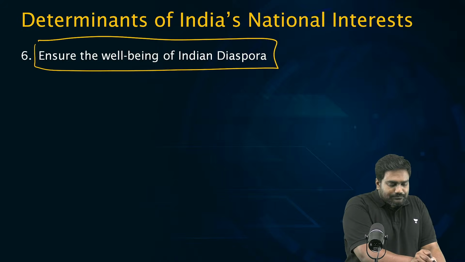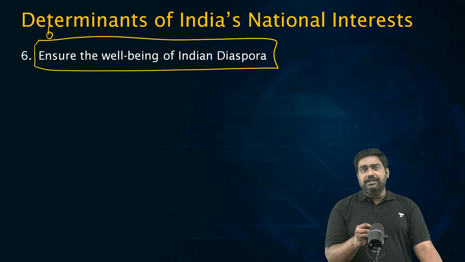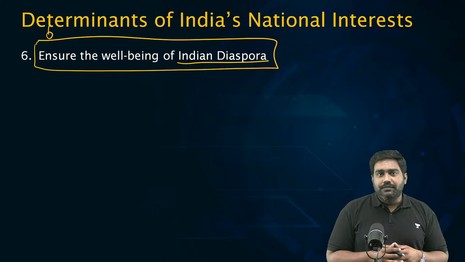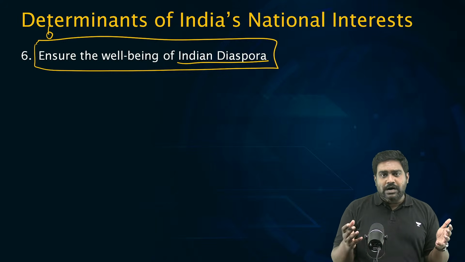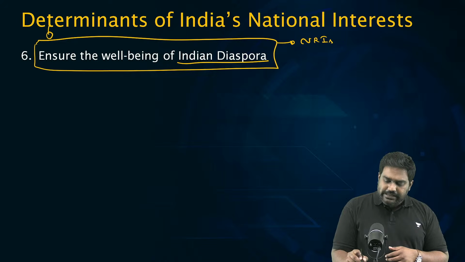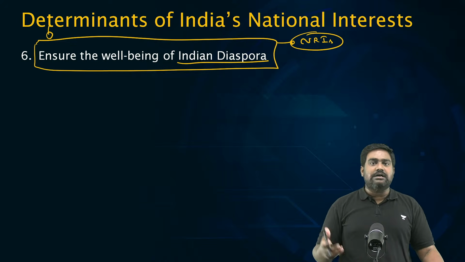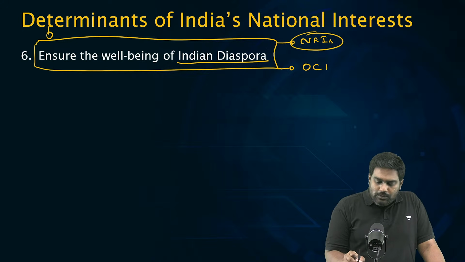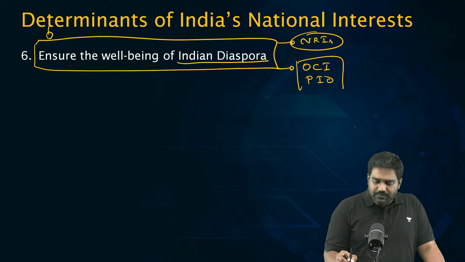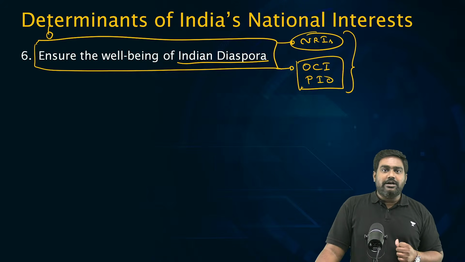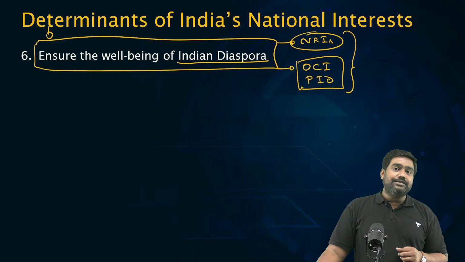Then finally, ensuring the safety and well-being of the Indian community abroad. The Indian diaspora is very well spread out across the world, be it the non-resident Indians, the NRIs who are studying in other countries, working in other countries, or it could be the overseas citizens of India and the people of Indian origin, the OCIs and PIOs, whose ancestors might have emigrated from India and settled in those countries.